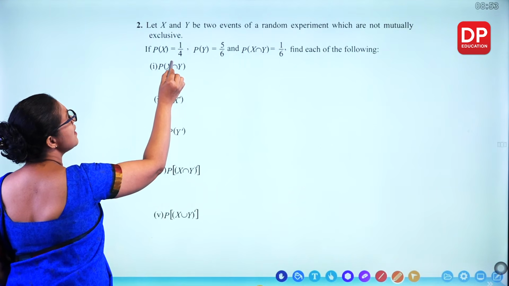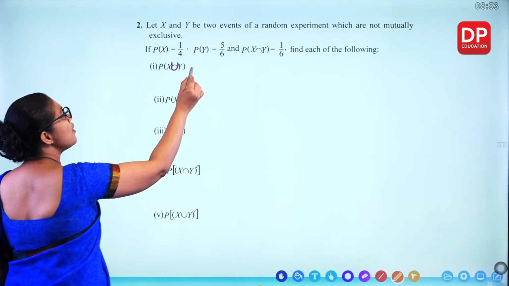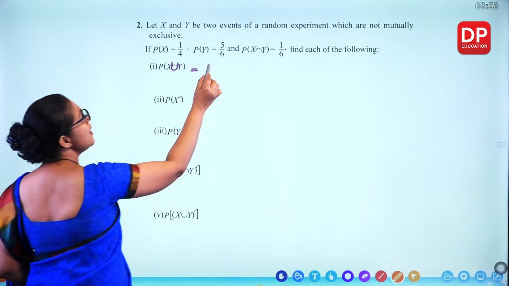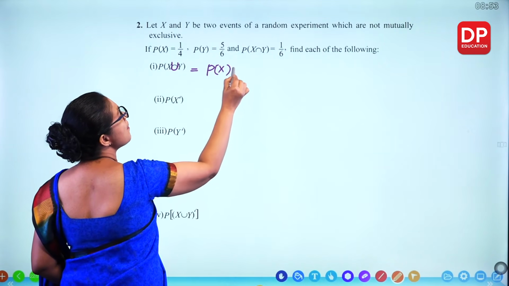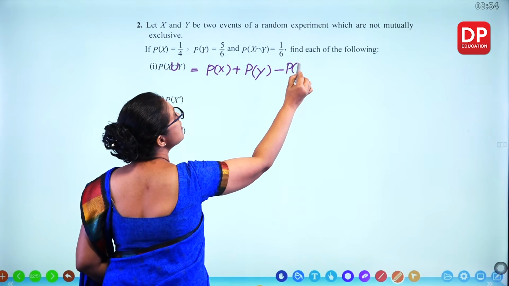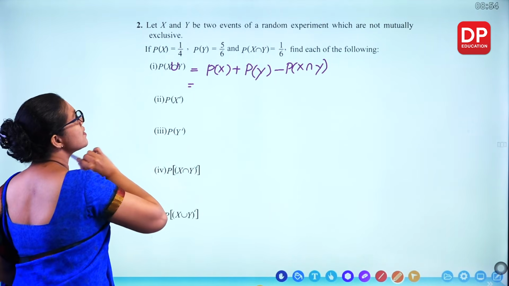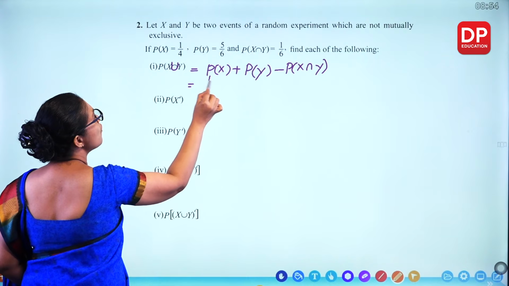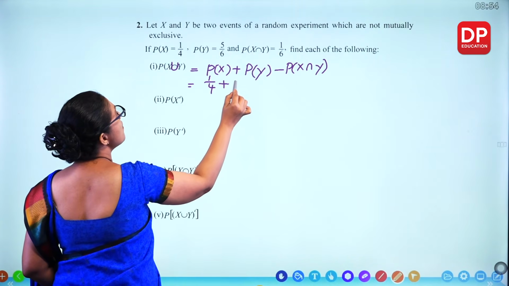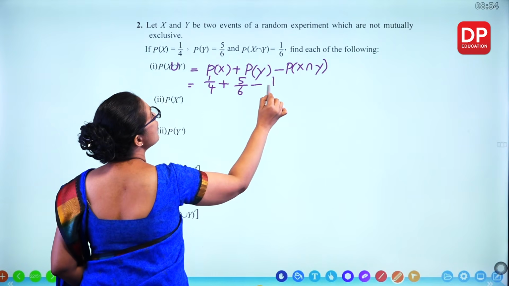This should be union. X union Y. Now we know what's the formula for union? Probability of X plus probability of Y minus probability of X intersection Y. Now substitute the values. 1/4 plus probability of Y is 5/6 minus 1/6.